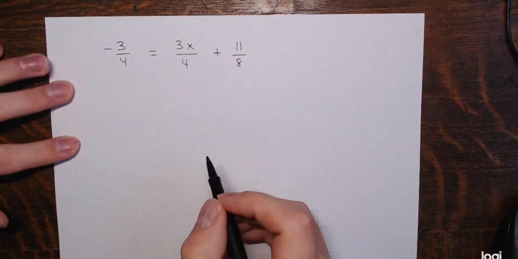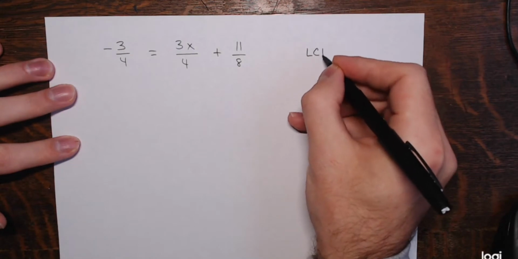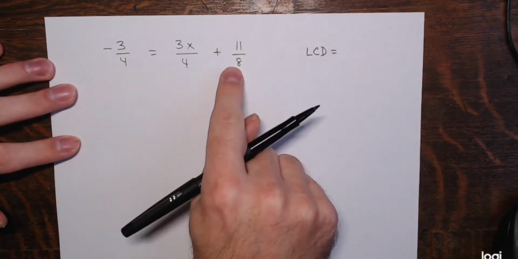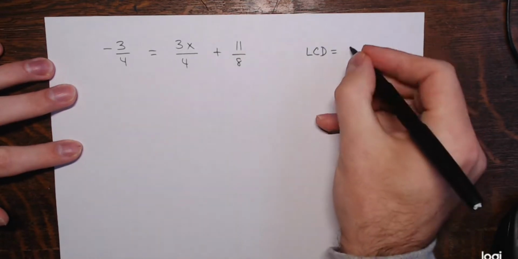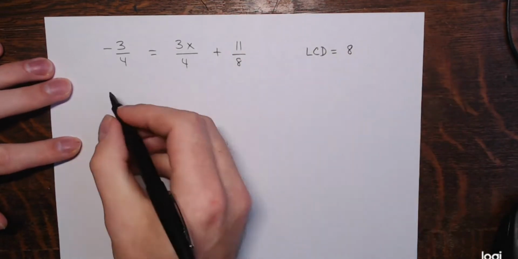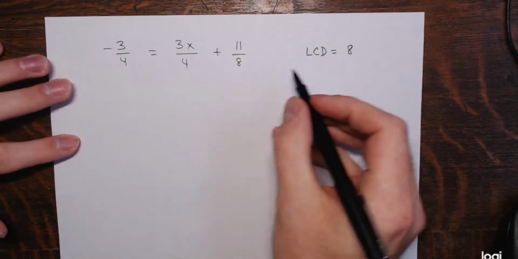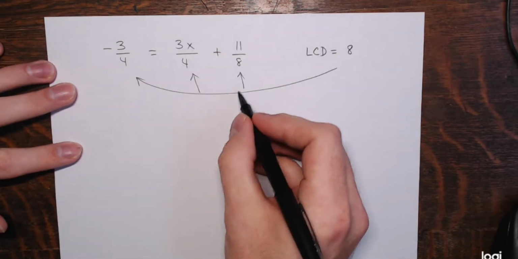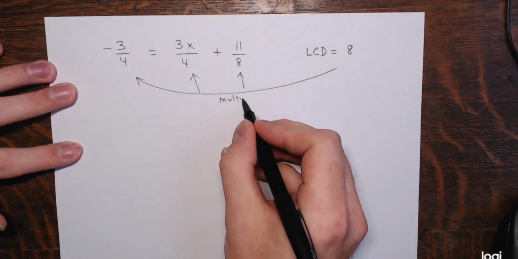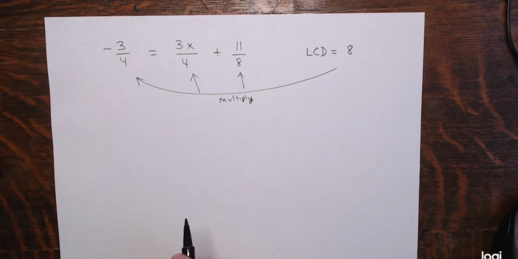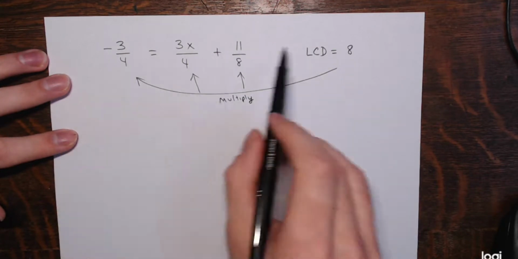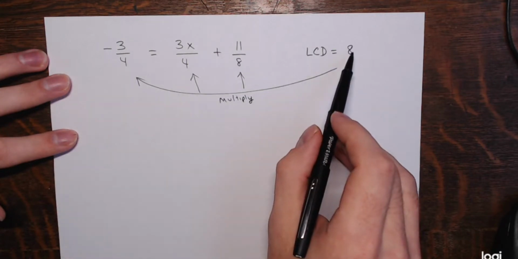Again, with fractions, the first thing I'm going to find is the least common denominator, the LCD. Now 4, 4, and 8, the least common multiple would be 8. So I'm going to multiply everything by 8, each term on both sides. -3/4 times 8, 4 goes into 8 twice, so I have -3 times 2.